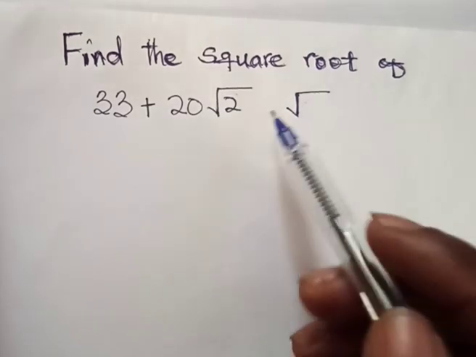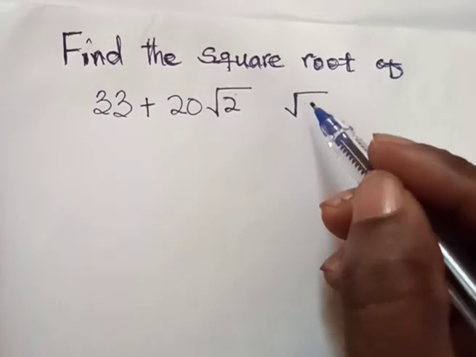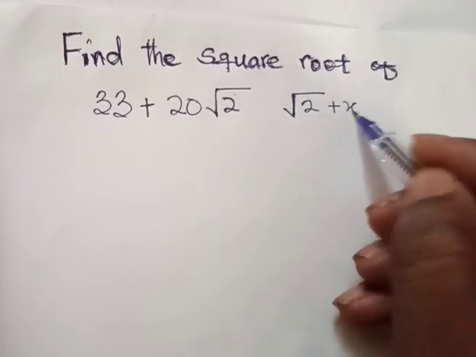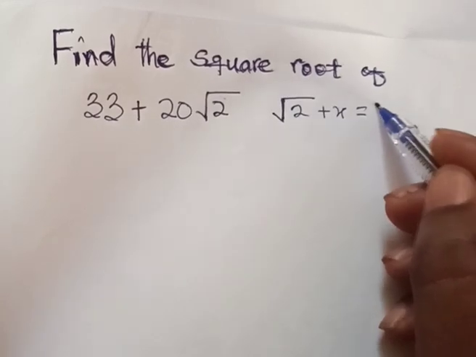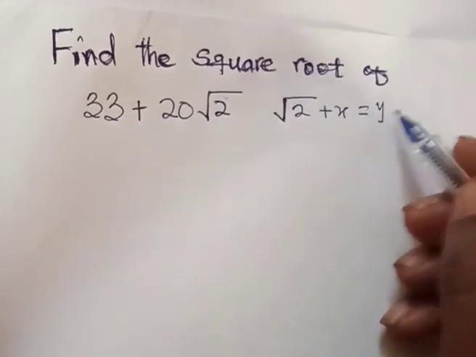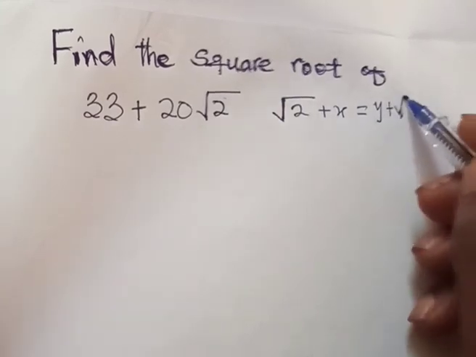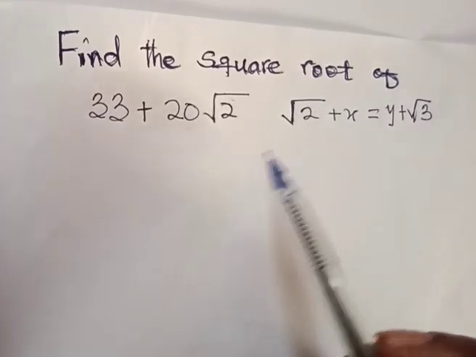But before you are able to solve this, you need to understand that if I give you this, let's say 2 plus x is equal to y plus square root of 3, and I ask you to find x and y, what do you do?